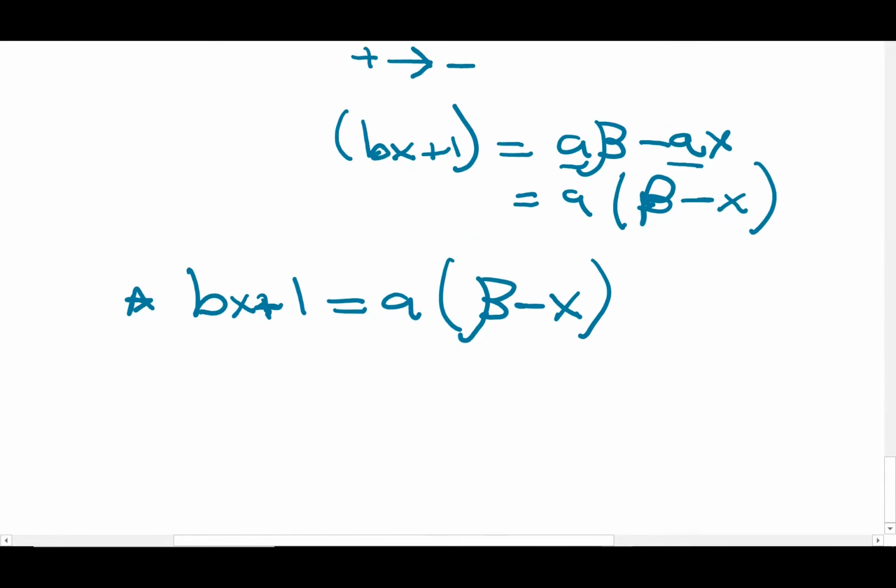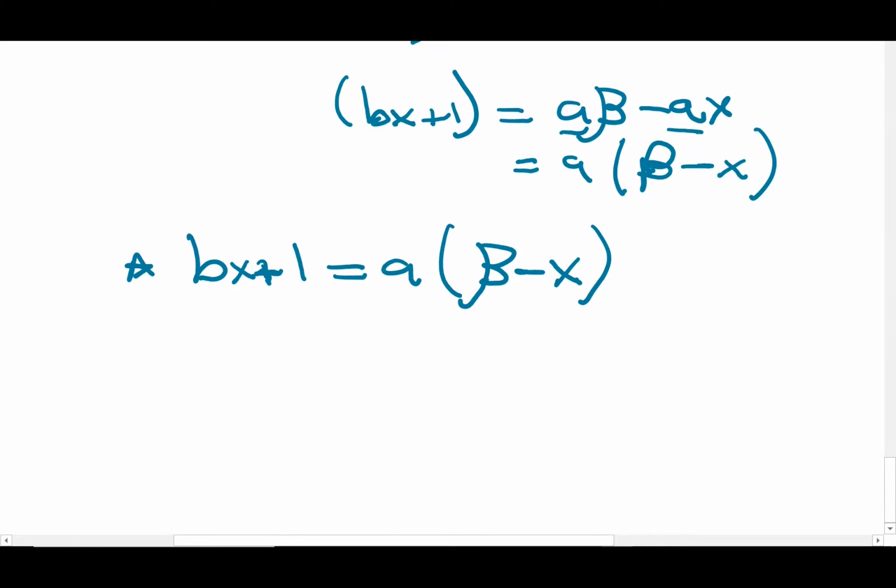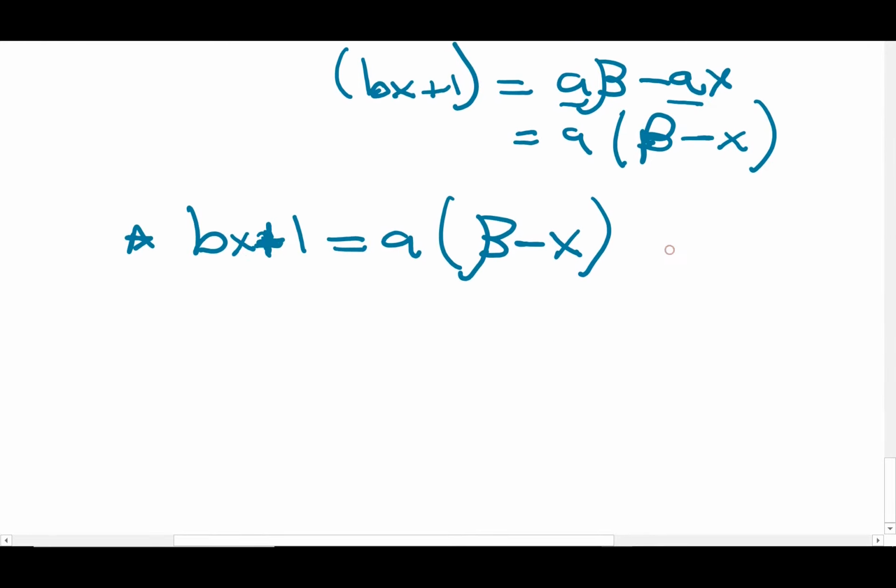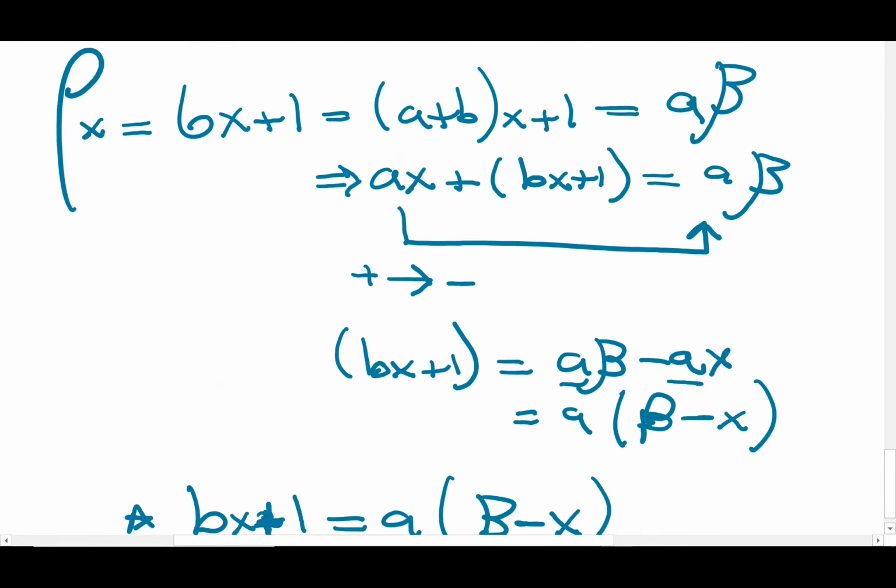So therefore, the critical thing here is this is a multiple of a. So essentially we can constrain this beta minus x and represent it as a new variable, essentially condensing it, because we wanted to.